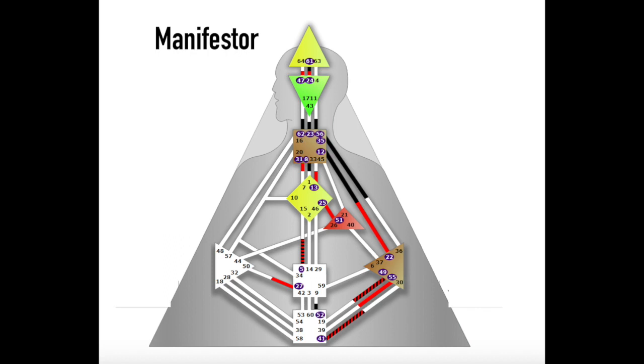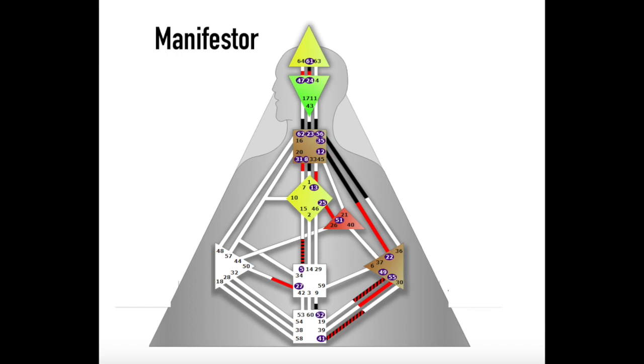So just to recap, the manifestor will have the throat colored in and the sacral not colored in or open. So when something is open, that means that the person has a harder time accessing that ability and maybe relies on other people to help them along with it.